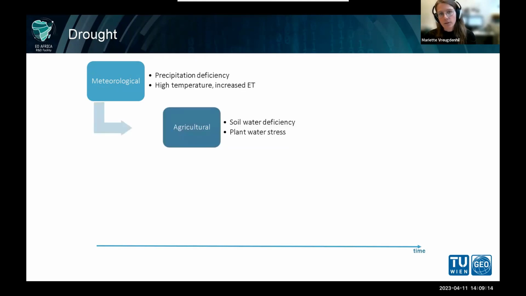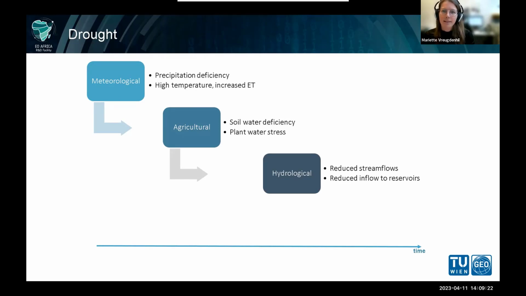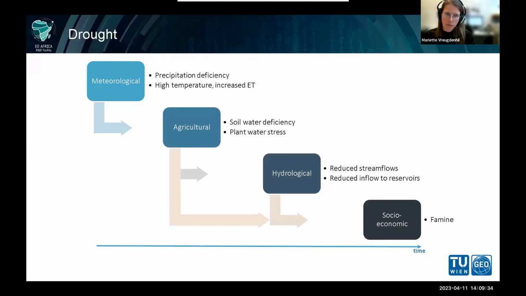If this continues, then we can go into an agricultural drought, where we have a soil water deficiency, which also leads to plant water stress. This can then develop into a hydrological drought, which reduces stream flows and also reduces inflow to reservoirs. And this can then also lead to socioeconomic drought and famine, whereas of course an agricultural drought can also directly lead to socioeconomic drought and famine.